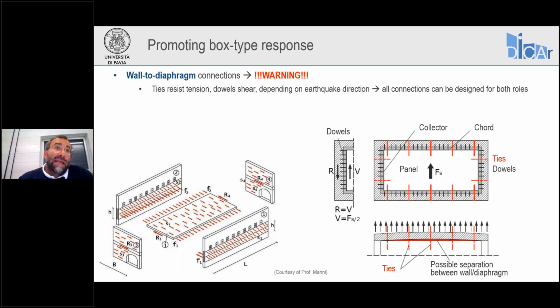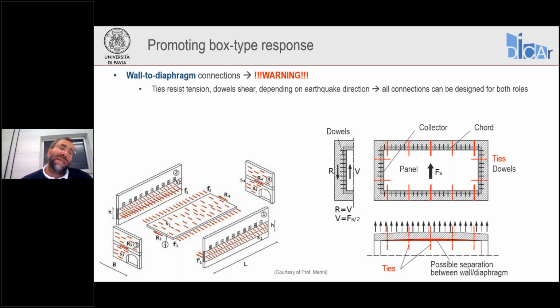However, an earthquake can attack usually in both directions. So generally, we need both ties and dowels resisting tension and resisting shear along both walls in both directions.